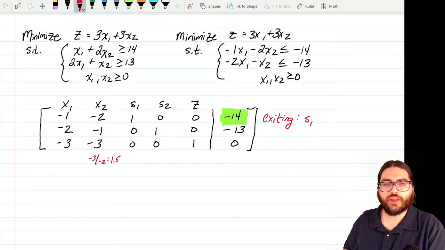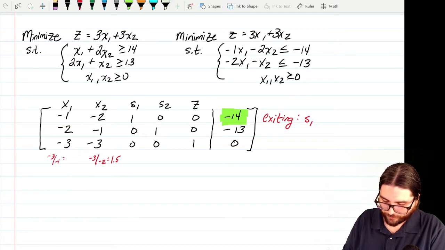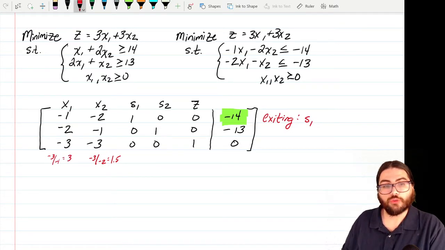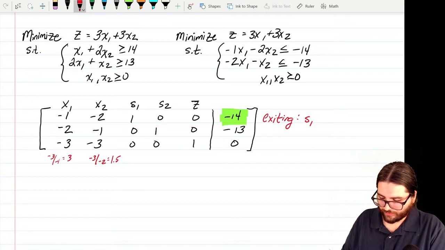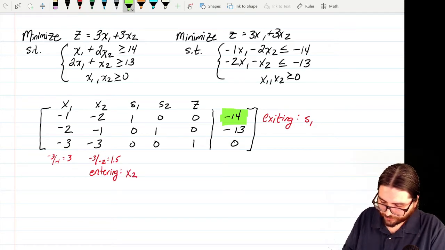You throw that in your calculator, that's 3/2, or 1.5. -3 divided by -1, +3. So the smallest positive is this one. My entering variable is x2.